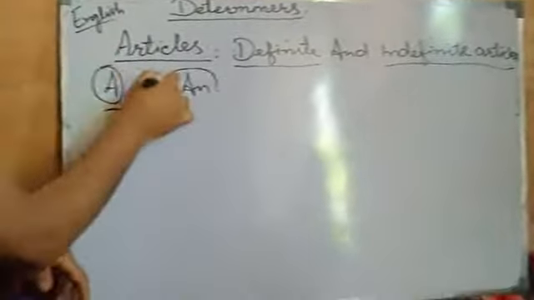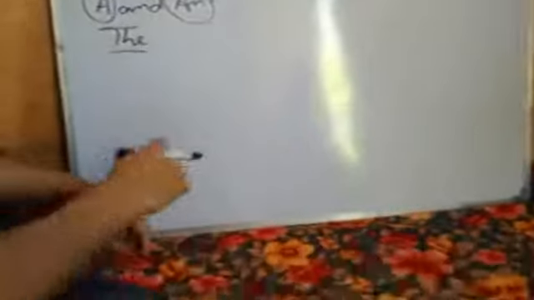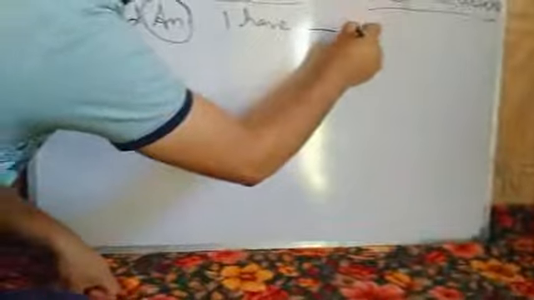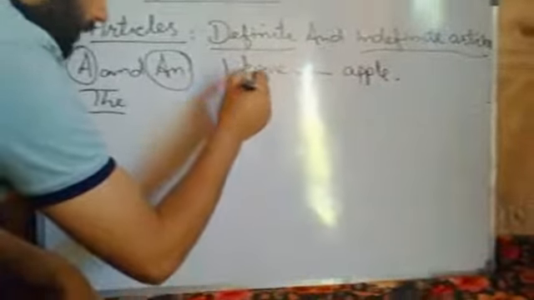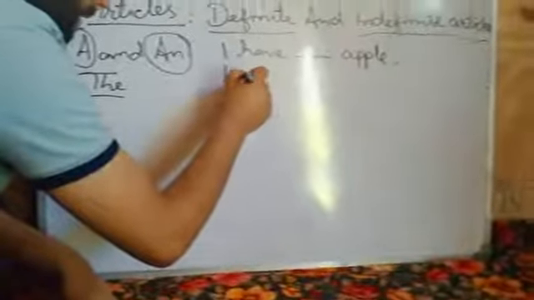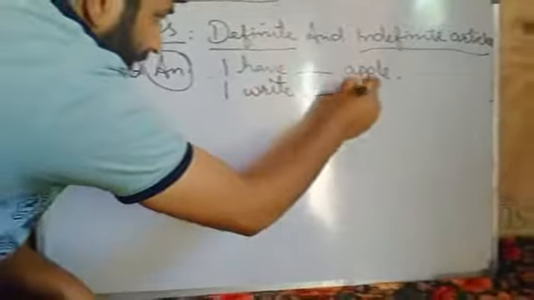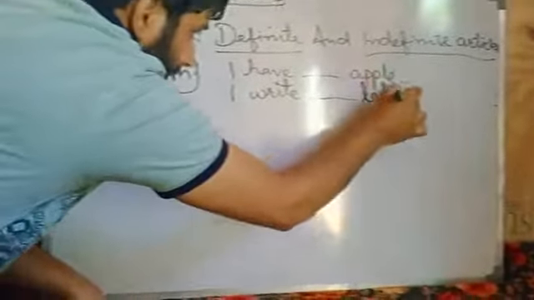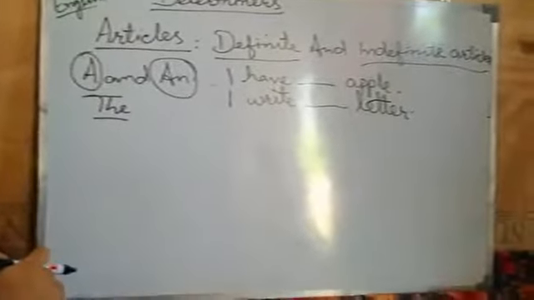A and an are used before singular objects. For example, I have an apple. I write a letter. A and an both show singularity of an object.